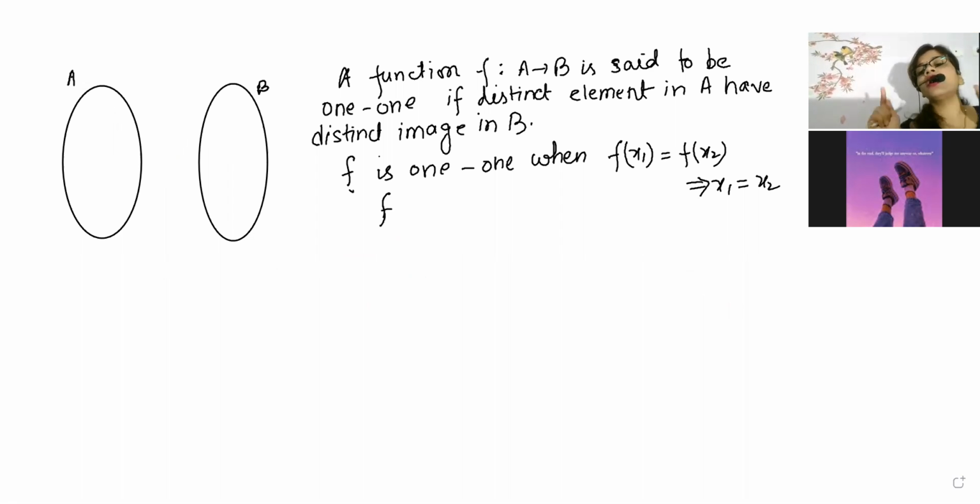You are telling that f of x1 is the image. Two images are equal, and when two images are equal, you go back and say that its pre-images are also equal. If two images are equal, then the two pre-images are also equal. That means they are not two, they are exactly one.